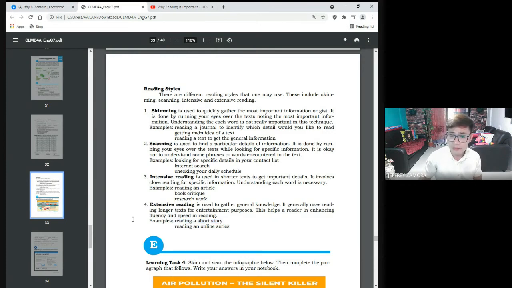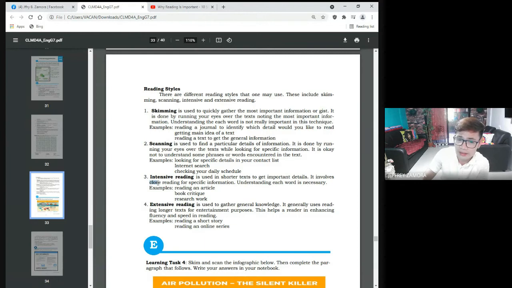This helps a reader in enhancing fluency and speed in reading. So of course we are going to have a faster reading time, in order for you to gather a piece of information. That style is what you call extensive reading.